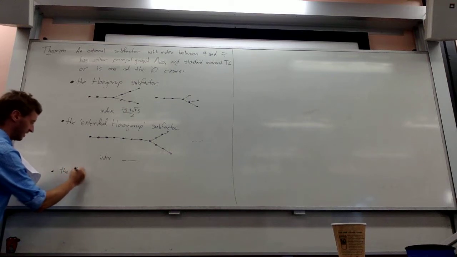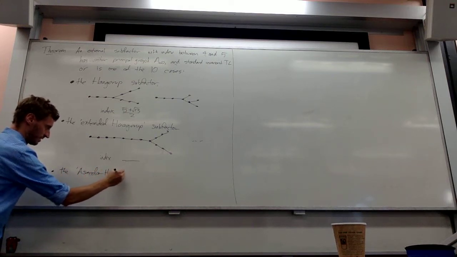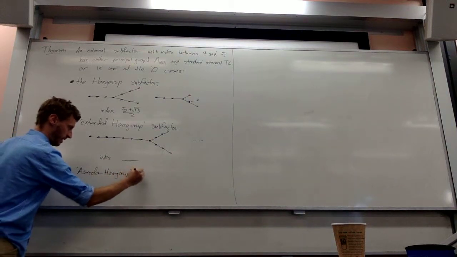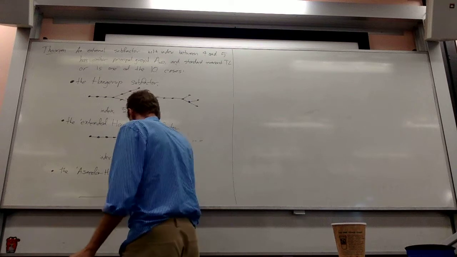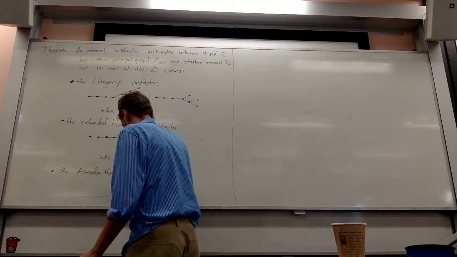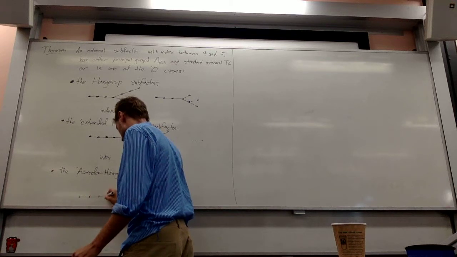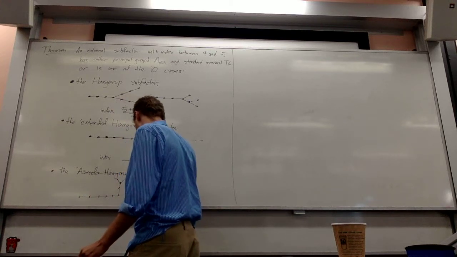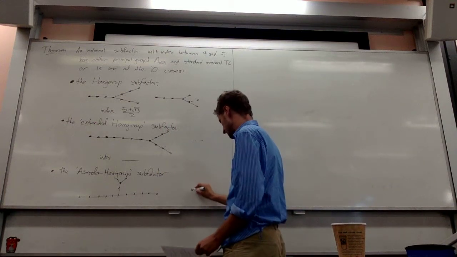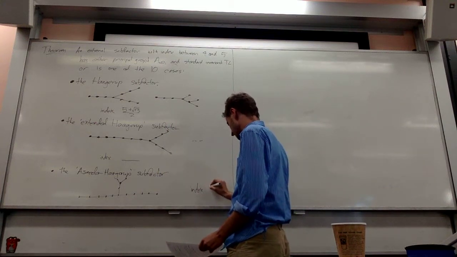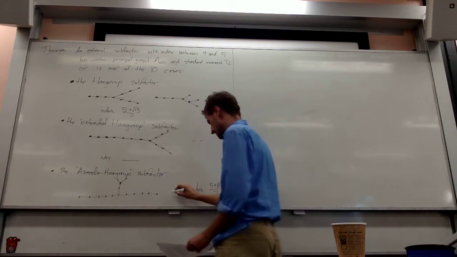The Asaeda-Haagerup subfactor, and its dual principal graph with index 5 plus root 17 over 2.